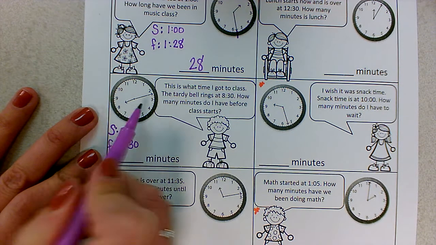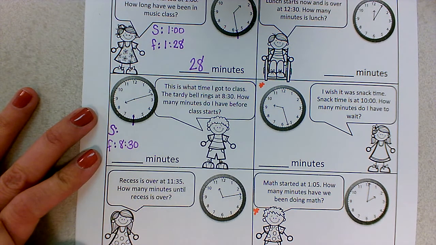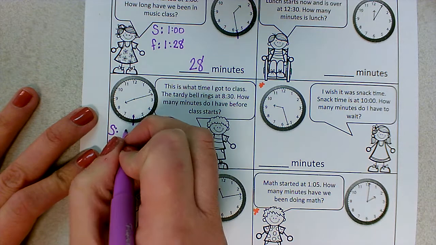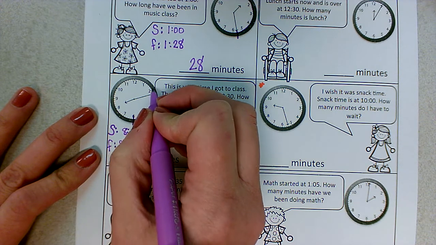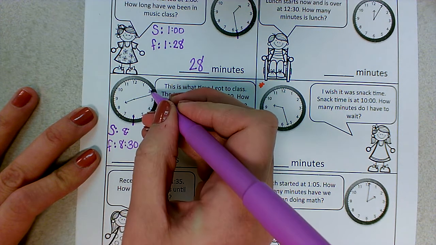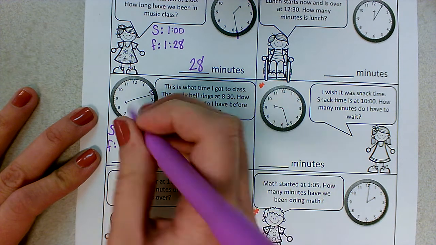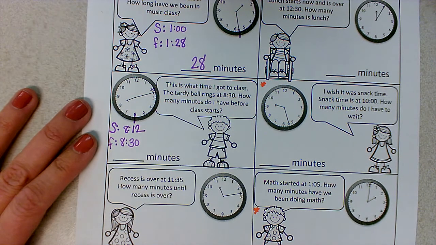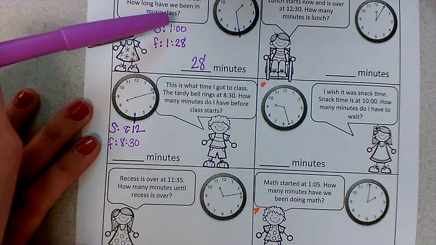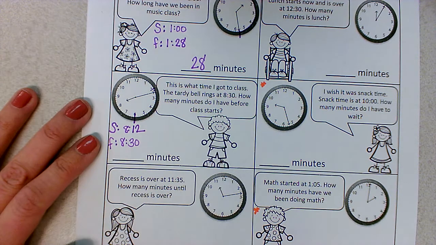But I need to check and read my clock to see, well, what time is it when it started? And I see that it is still 8. And I look at my minute hand and I know the 2 represents 10, 11, 12. So it is 8:12.